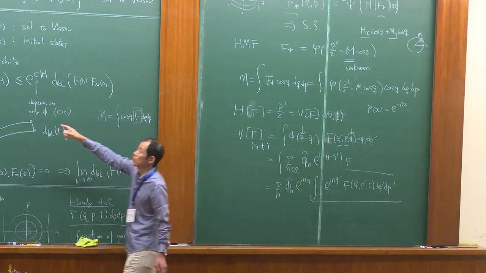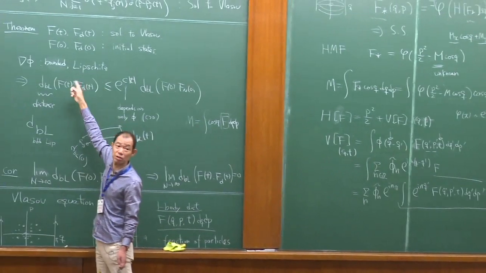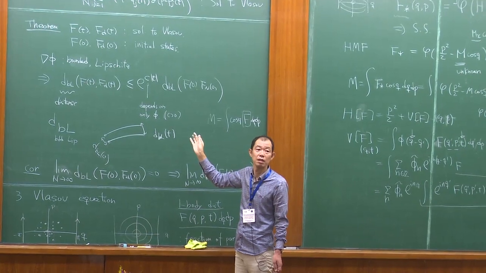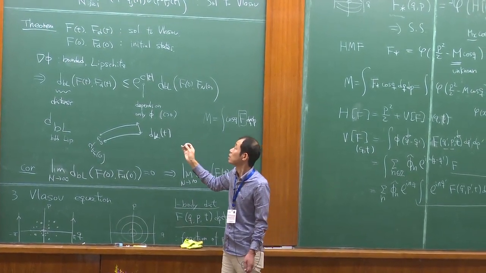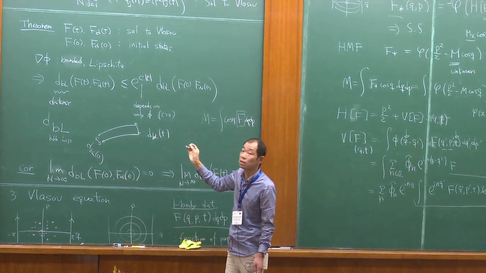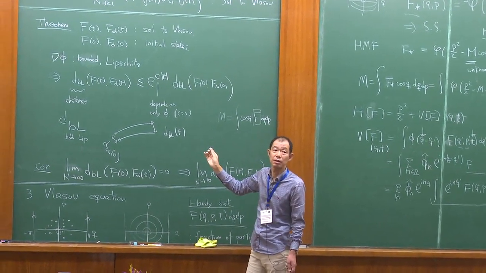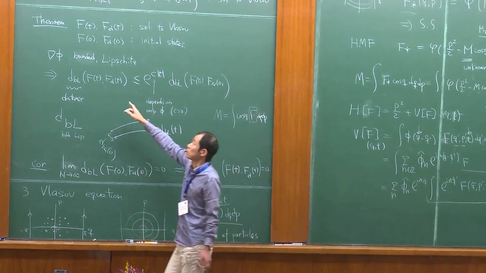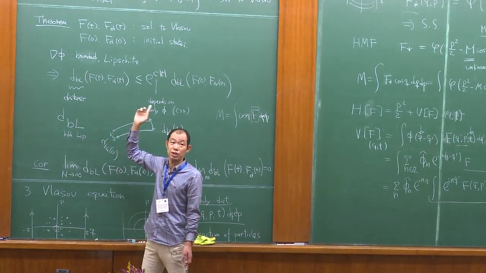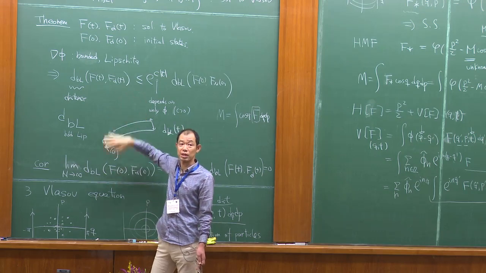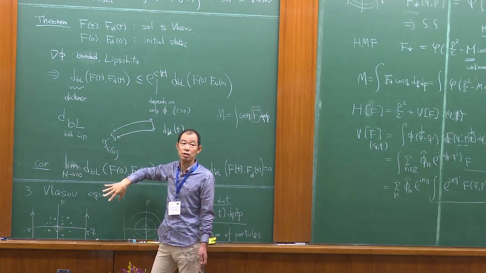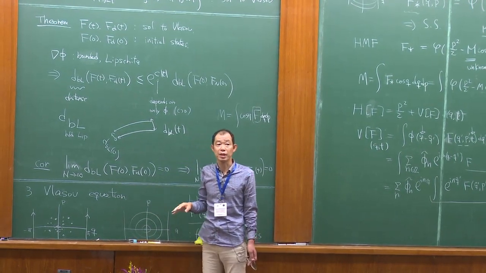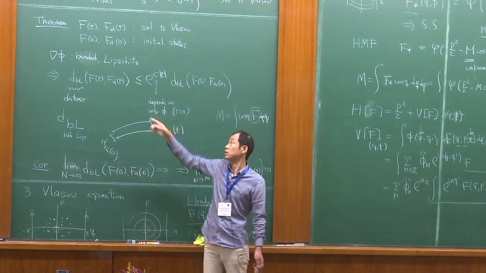If phi satisfies this condition, then it's okay. It just means the gradient of the interaction, grad phi, has to exist. So the condition is just bounded and Lipschitz. If phi satisfies this, then we can write down the Vlasov equation, and everything works. The discussion about stationary states remains unchanged.